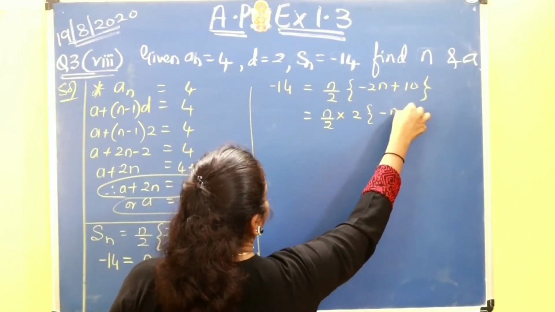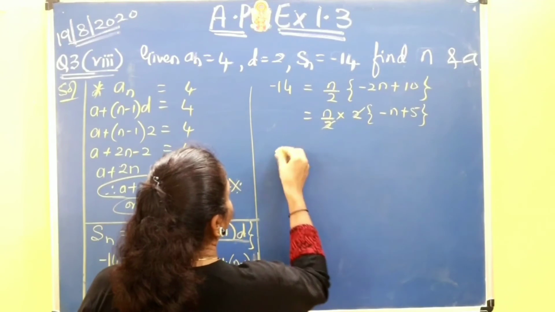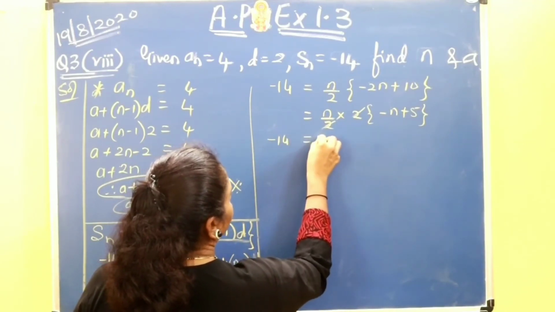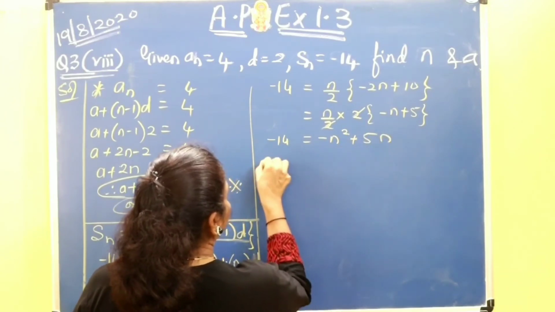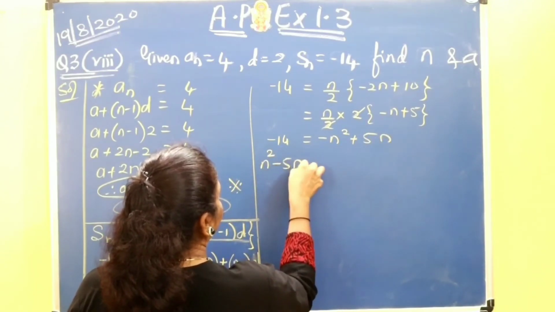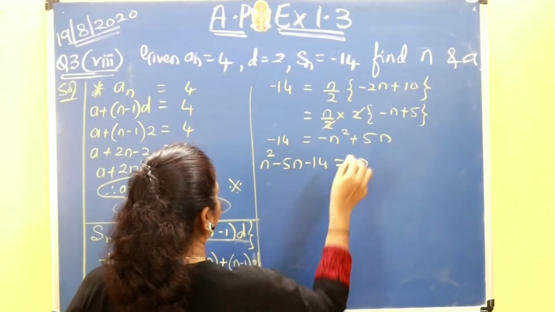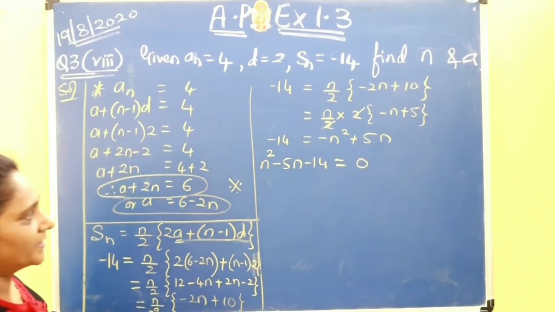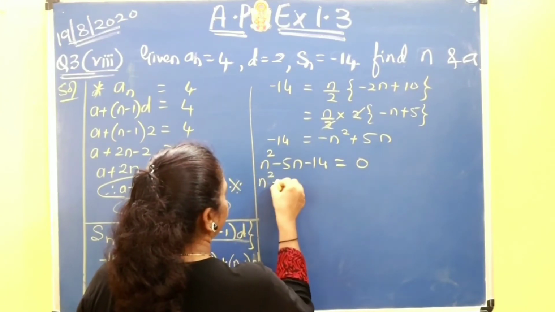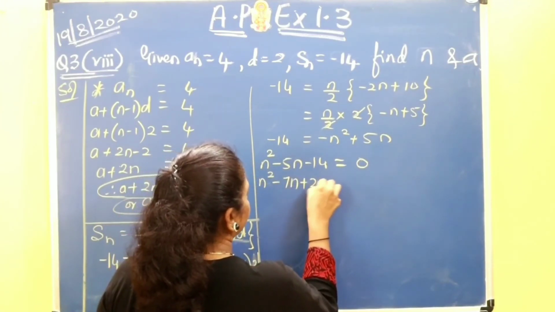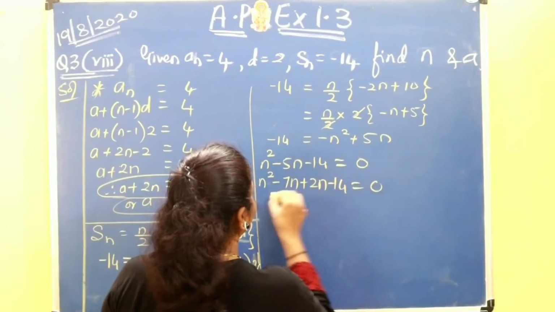minus n plus 5, so this gets cancelled. Minus 14 is equal to minus n square plus 5n. So you will have n square minus 5n minus 14 equal to 0. This is your quadratic equation. Solve this. N square minus 7n plus 2n minus 14 equal to 0.